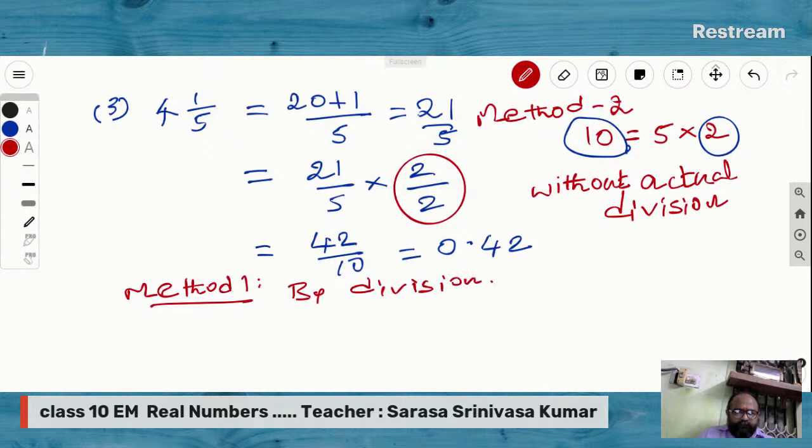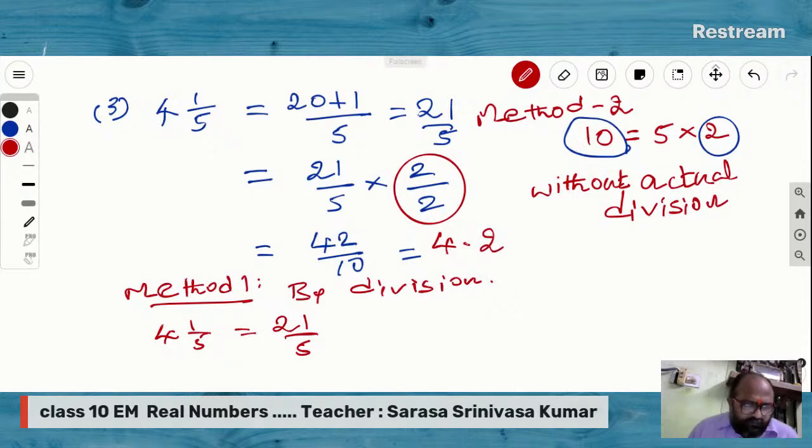By division. So 4 1 by 5 can be written as 21 by 5. This is 4.2. 4.2 is the answer.